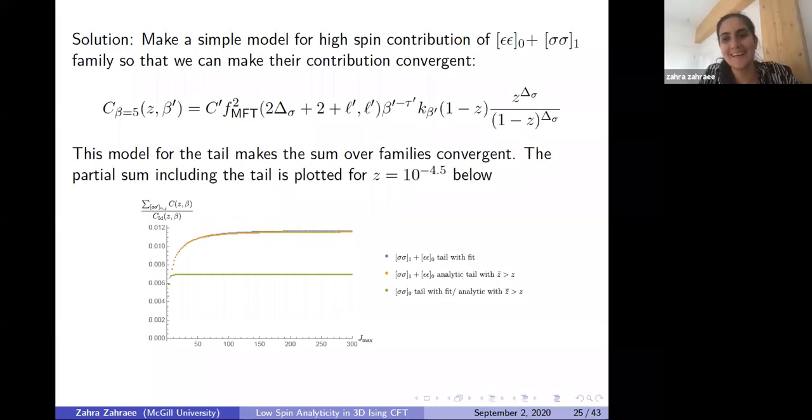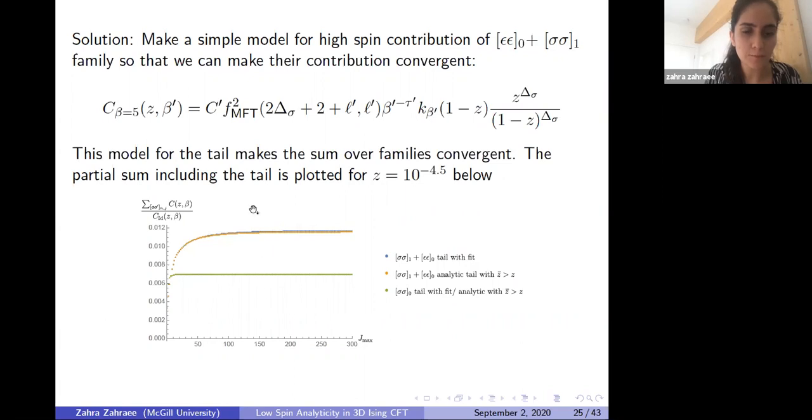So yes, we know that it's pretty boring at large spin, and we can model the contribution of the large spin operators to the family, and that will give us the way to resum the contribution of the families. As you see, when you have spin 40, which was what we had with the numerical data, the family really hasn't started converging yet.